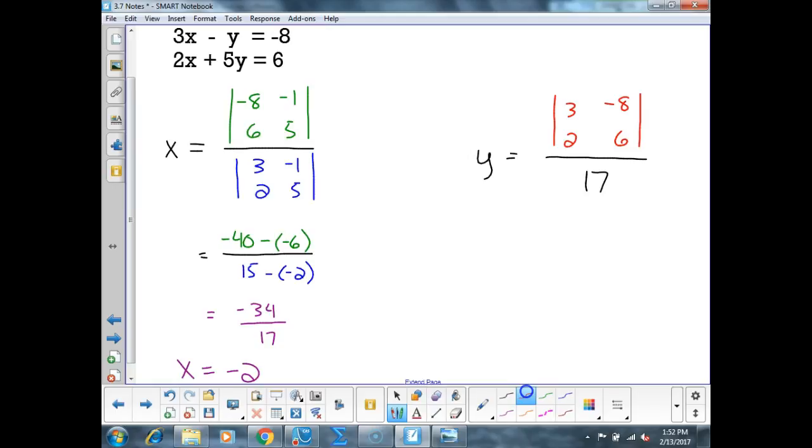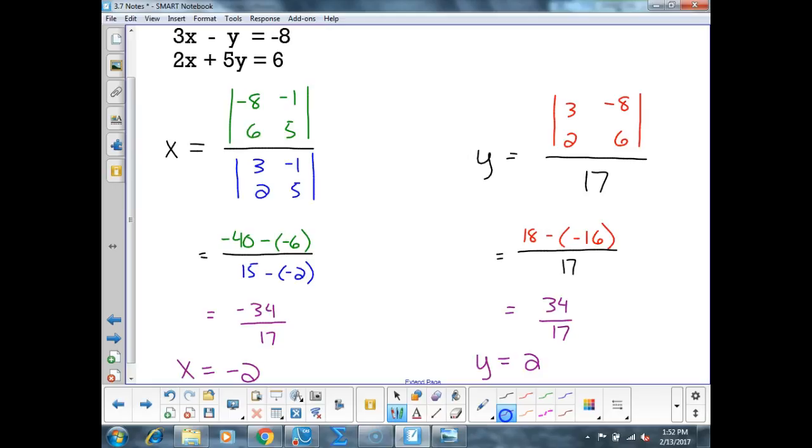Why are we using -8 and 6? Because they're the numbers. Oh, okay. I didn't know. So then this becomes 18 minus -16, all of that over 17. That gives me positive 34 over 17. So y then is equal to positive 2.